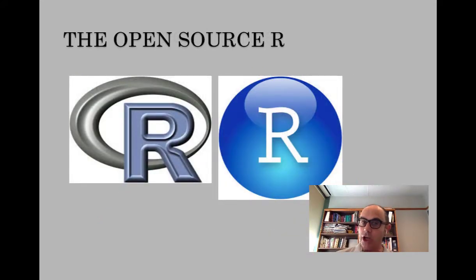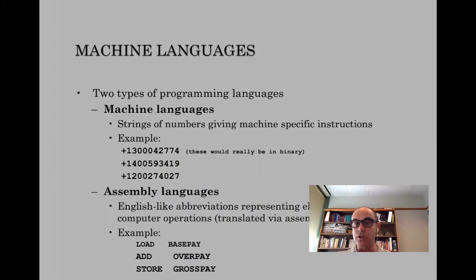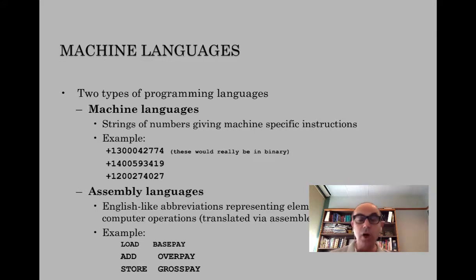Now I'm going to change gears, and I'm going to start talking about open source R and how it applies to descriptive statistics. So we have two types of machine languages: the machine language itself, and assembly language.